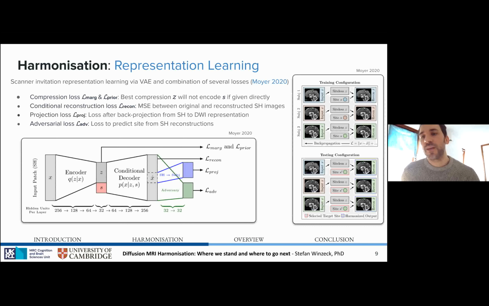So during training, you have inputs from different sites, and you learn a site-less representation, including your S site variable, and try to reconstruct it. During test time, since you learned the site-less representation, you can just choose one specific site and then project your original data to that site. And that's quite neat because you could choose any site that you would want.